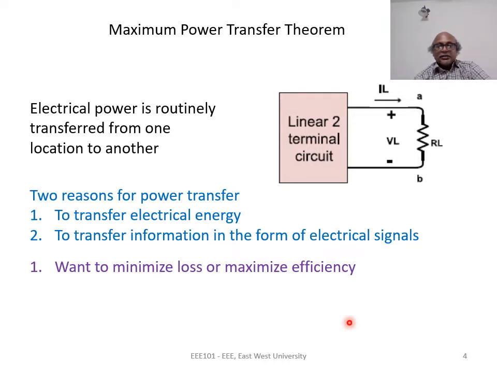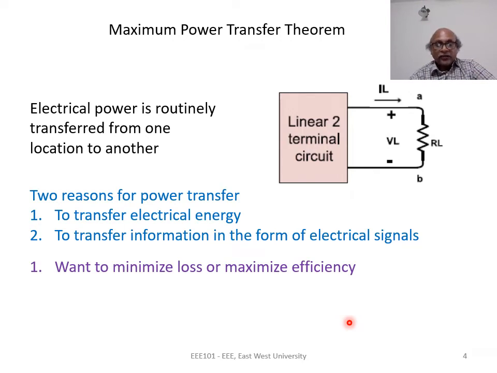Because the signals are contaminated by noise and interference, among other factors. Noise and interference affect weak signals or low power signals more. So to minimize the unwanted effects of noise and interference, if we can raise the power of the received signal, then noise and interference will have less effect on the information.